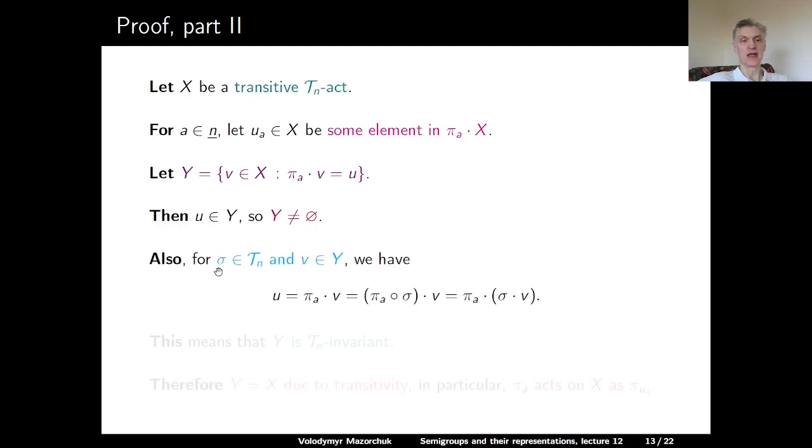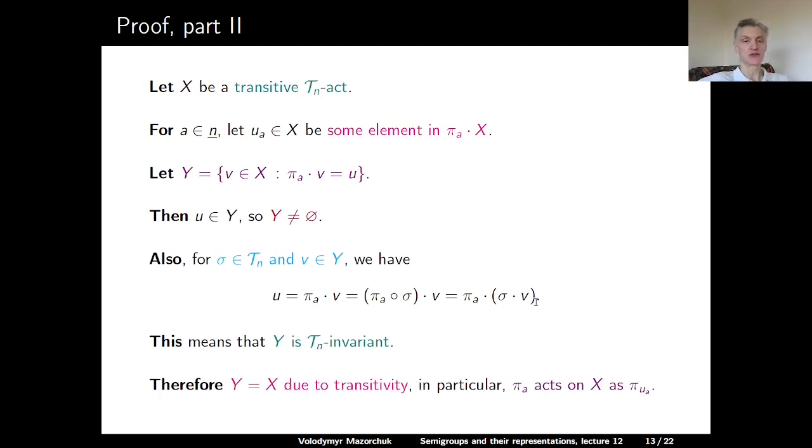And also, if sigma is an element in Tn and V is an element in Y, then UA is equal to pi A times V, and this is equal to pi A after sigma times V because pi A is a left 0, and this is equal to pi A applied to sigma applied to V. And this means that sigma applied to an element in Y belongs to Y, so Y is Tn invariant.